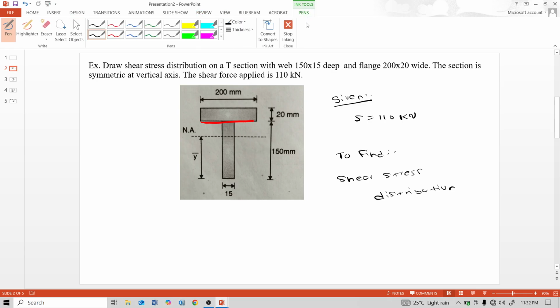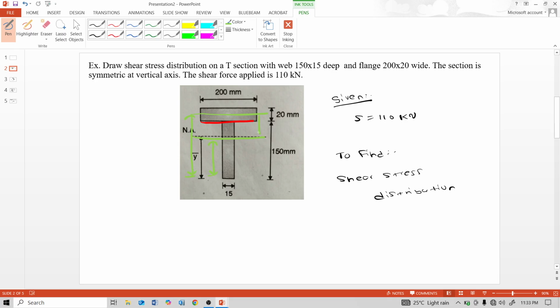That means 170 minus 129.4. Up to this distance from the bottom is 170, and up to this is 129.4.